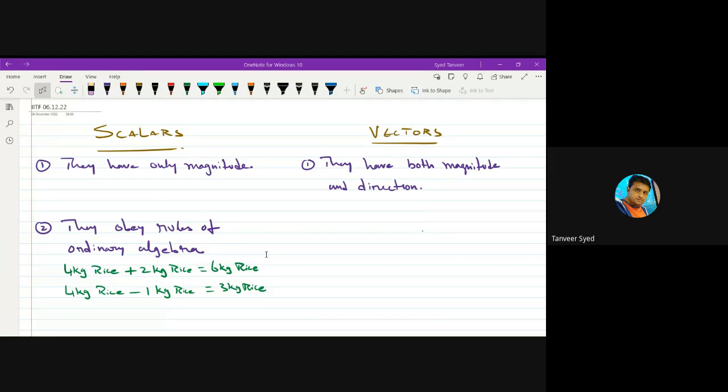But in vectors, if you do the same operations, you cannot apply the same regular algebraic rules. Here, to handle vectors, we have a set of separate rules which we call vector algebra. Vectors obey the rules of vector algebra.